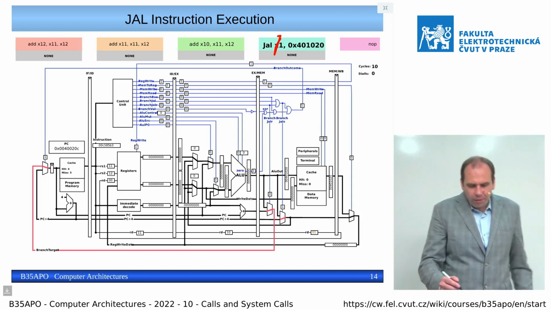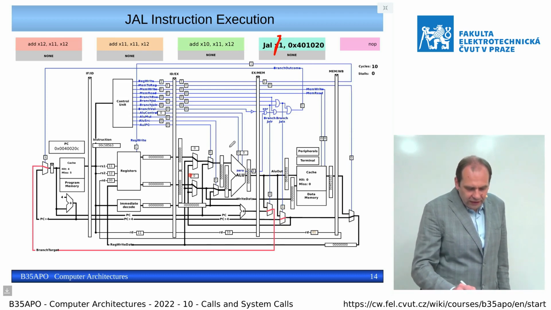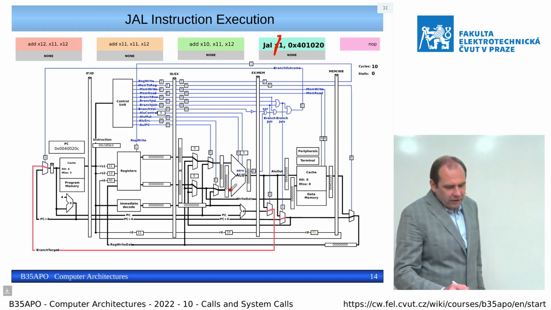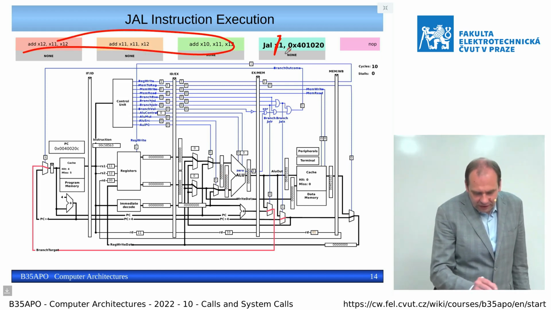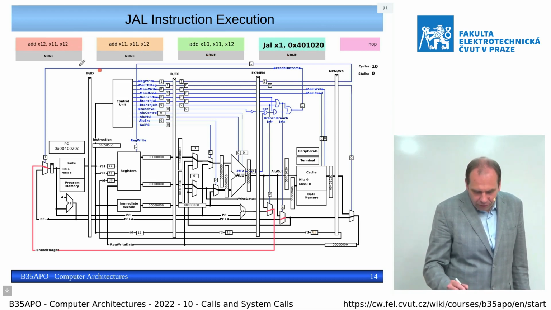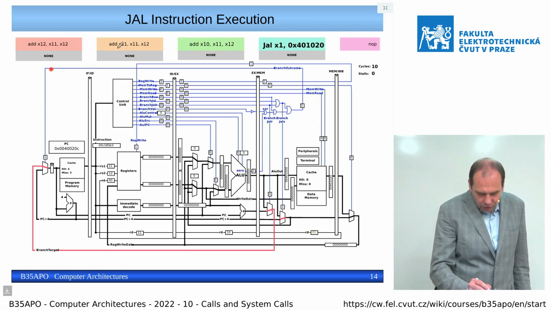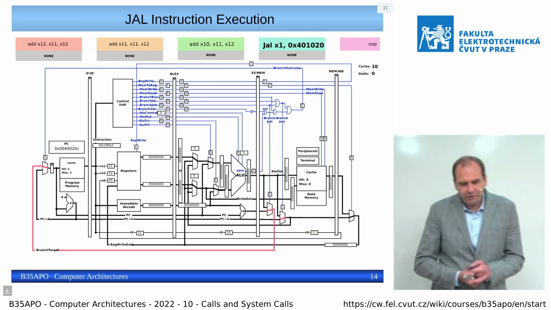Usually you do not need it anyway, because at the moment when you change the target address, if you do not have a prediction which already fills the pipeline with the instruction from the target address, then you usually need to flush those instructions anyway, so you do not have a problem with forwarding.